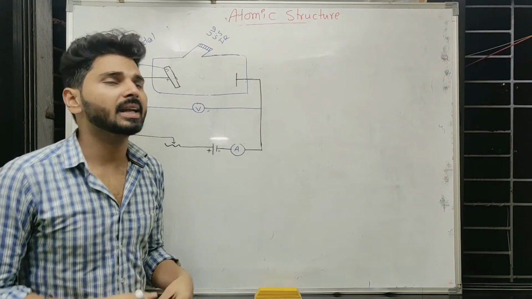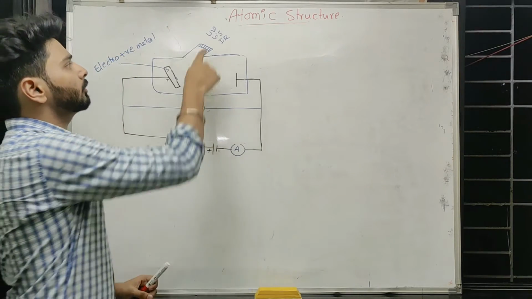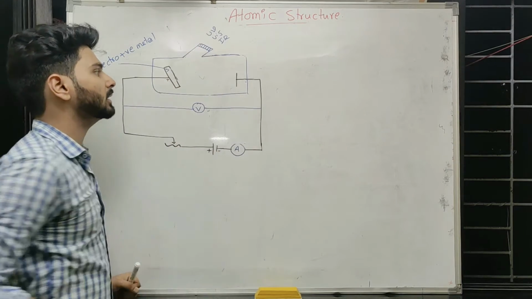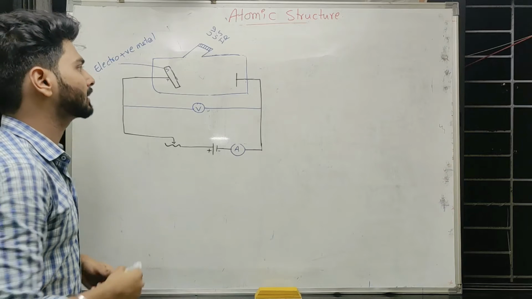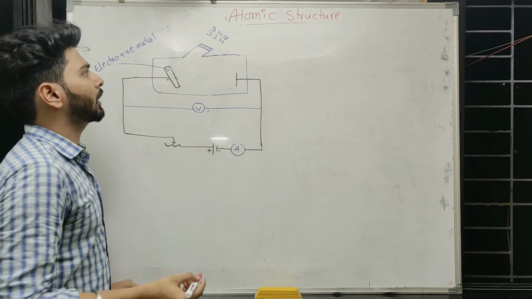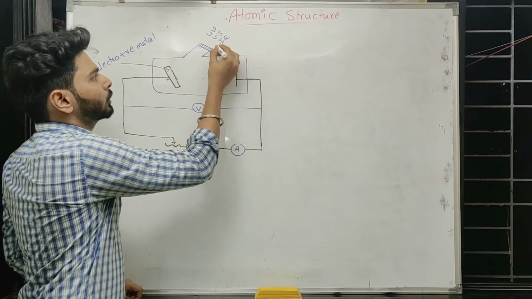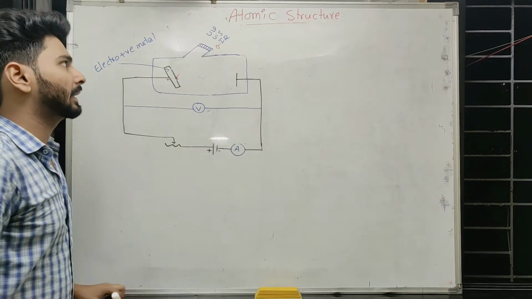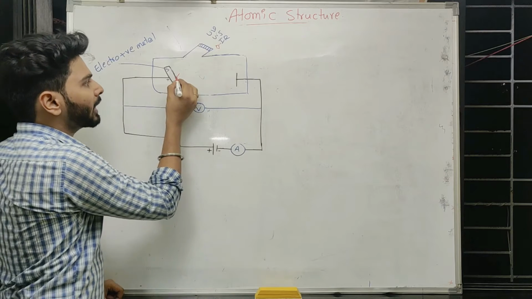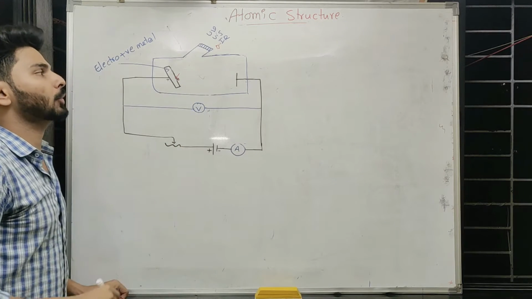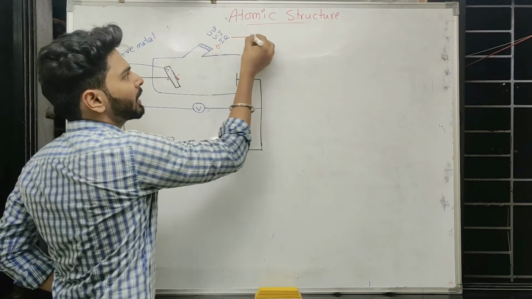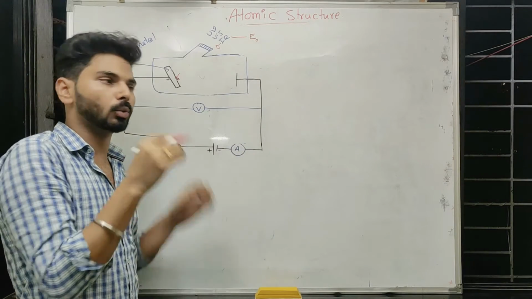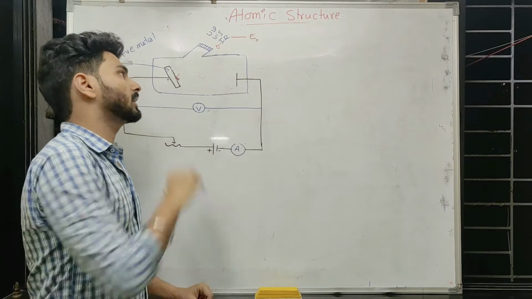Now let us study in detail how the various electromagnetic radiations affect the various phenomena inside the circuit. We have assumed that when a photon of infrared falls on the surface, it can eject an electron, but that electron will be just on the surface of the electropositive metal, because we assumed infrared radiation has the threshold energy. That means it can simply eject the electron, since it has that much energy, and this electron cannot travel.